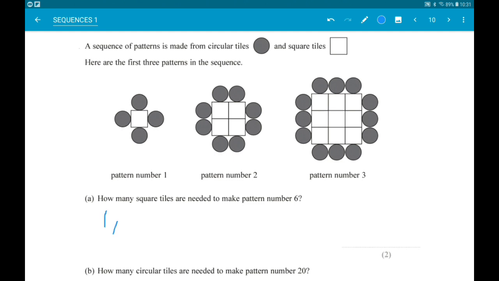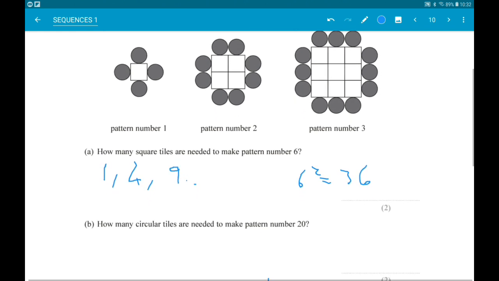Pattern number 2 needs 4. Pattern number 3 needs 9. So these are our square numbers. So the number of square tiles needed is the square of the pattern number. So 6 squared is 36.